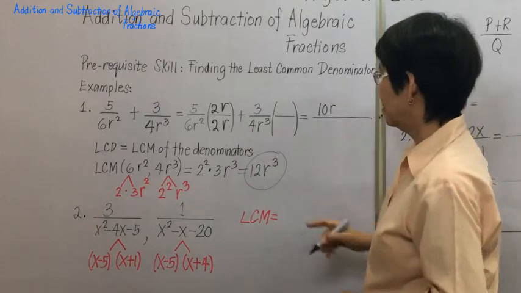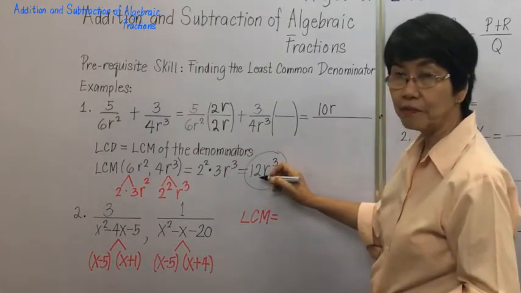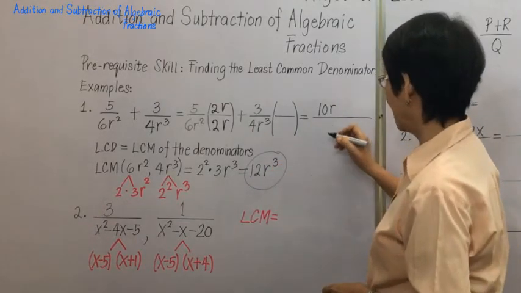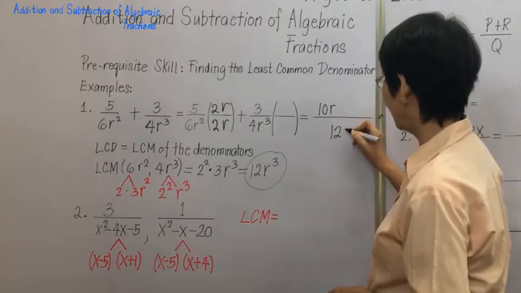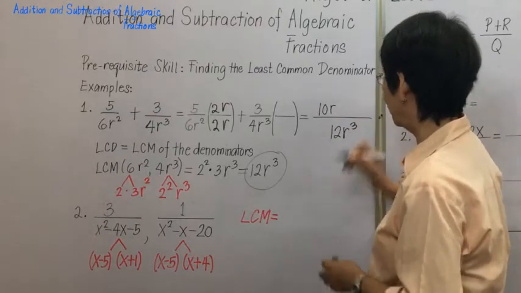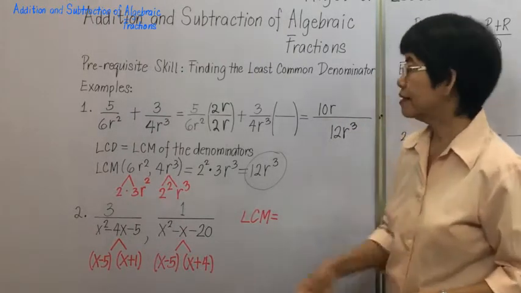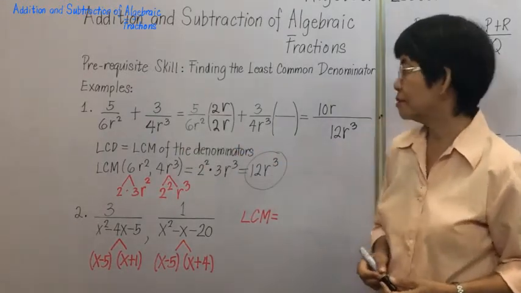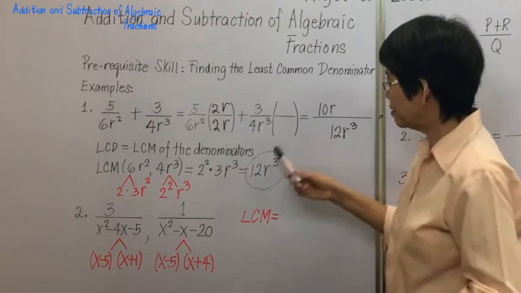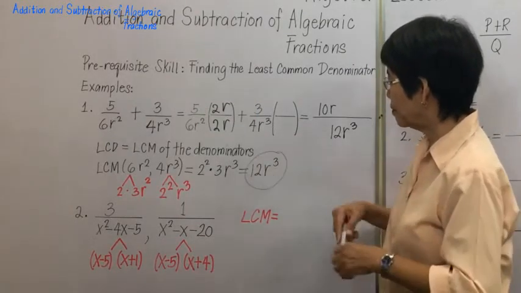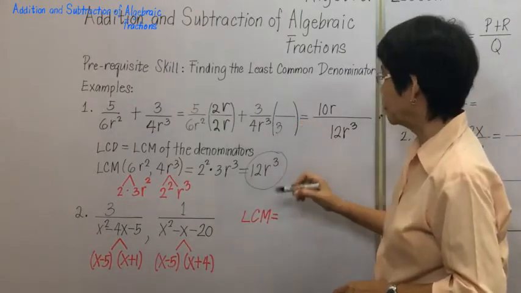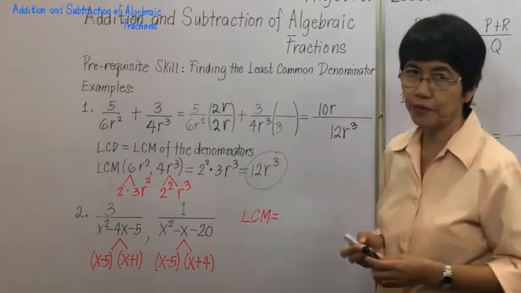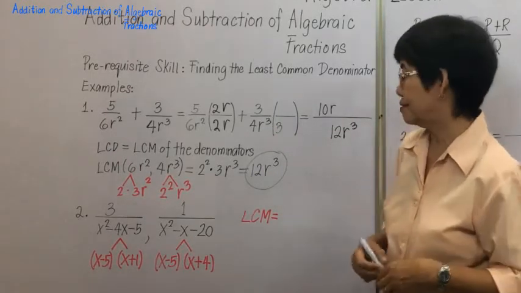And that will result to 5 times 2, 10r. And then the LCM becomes the LCD, 12r cubed. Then the second fraction, we raise that to higher terms, and we will divide 12 by 4. We get 3. And r cubed by r cubed, so that cancels.